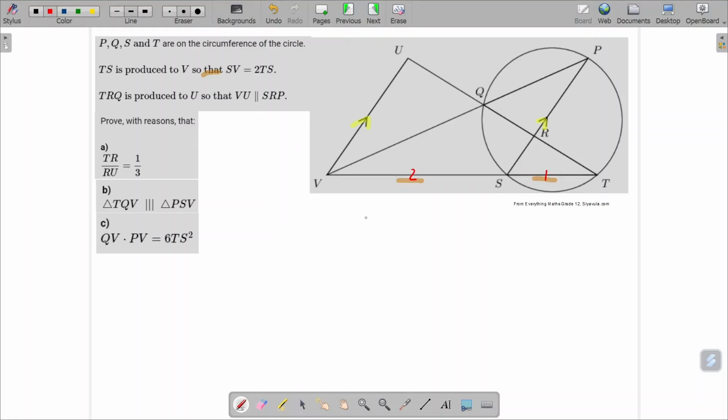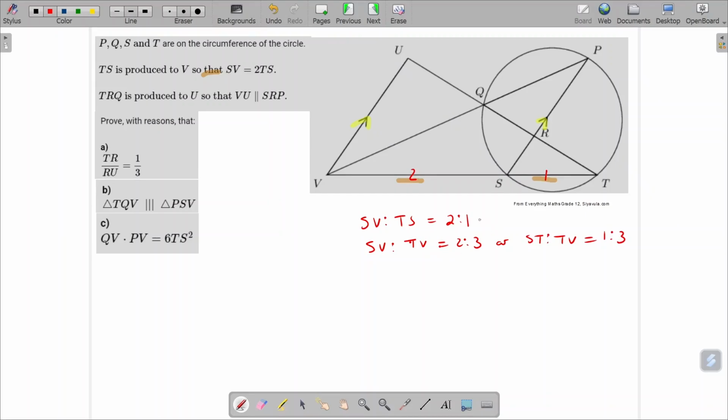So if I know that SV to TS is in the ratio of 2:1, I should also know that SV to TV is going to be in the ratio of 2:3, or that TS to TV is going to be in the ratio of 1:3. So please don't forget that if I have part to part, I can also therefore realize part to whole.